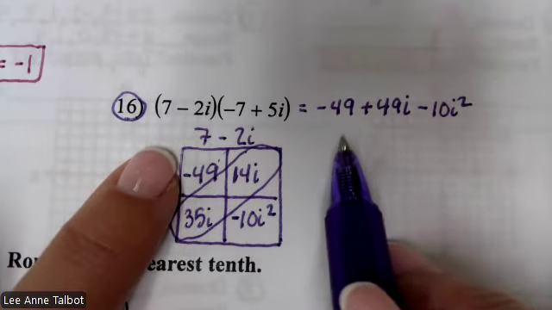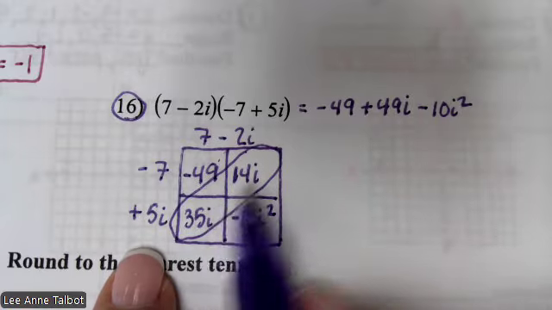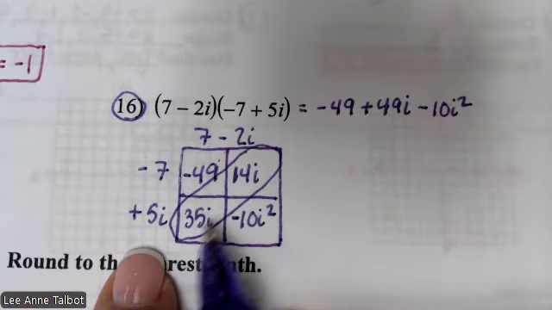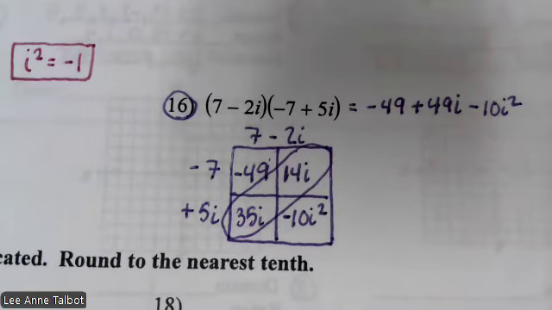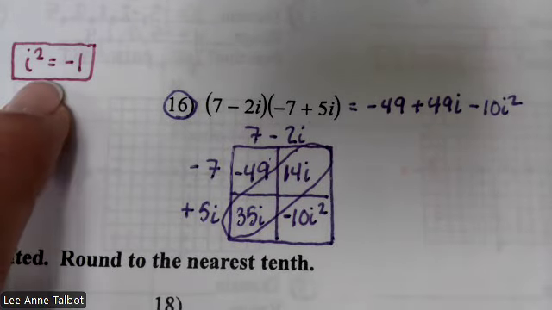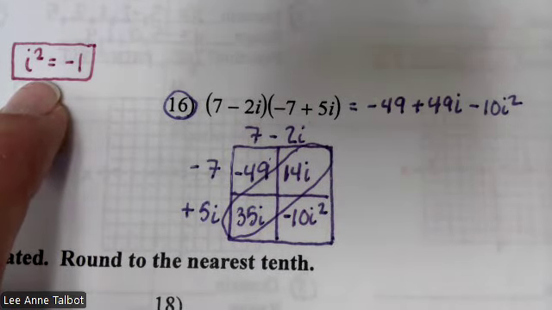Okay, so I have negative 49. Then I combined like terms. So I made that positive 49i minus 10i squared. If this problem had any other letter in it than i, it would be done. But i is very special because i squared equals negative 1.